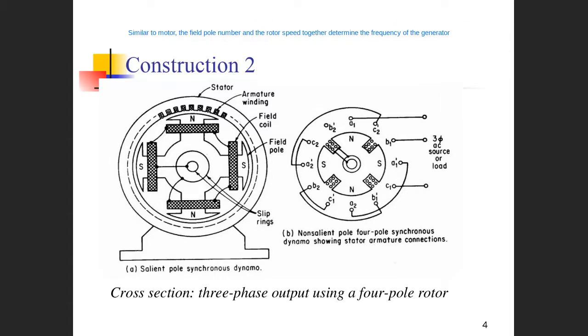In the motors, for a given frequency, we can change the pole numbers to determine the rotation speed of the motors. Here, inversely, the field pole numbers and the rotation speed together determine the frequency of the generator. In the motor, the pole numbers on the stator and the frequency of the applied electricity determine the rotation speed.